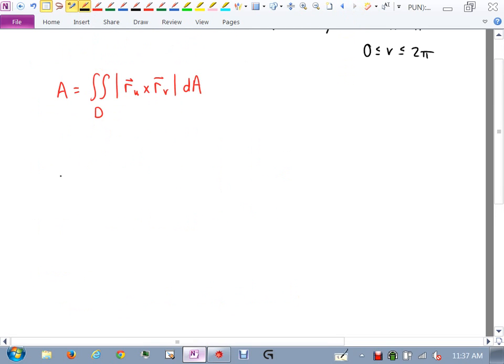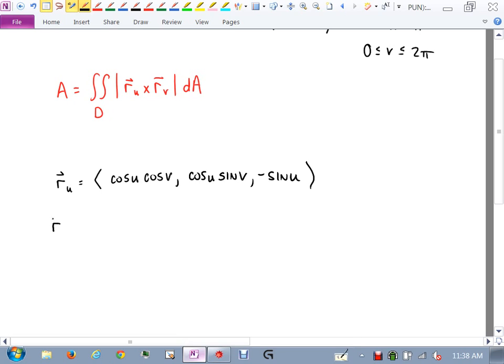So what is the partial of r with respect to u? It was cosine u cosine v, cosine u sine v, negative sine u.